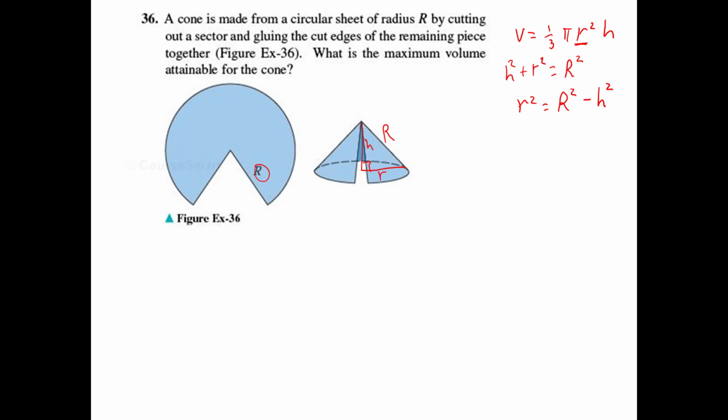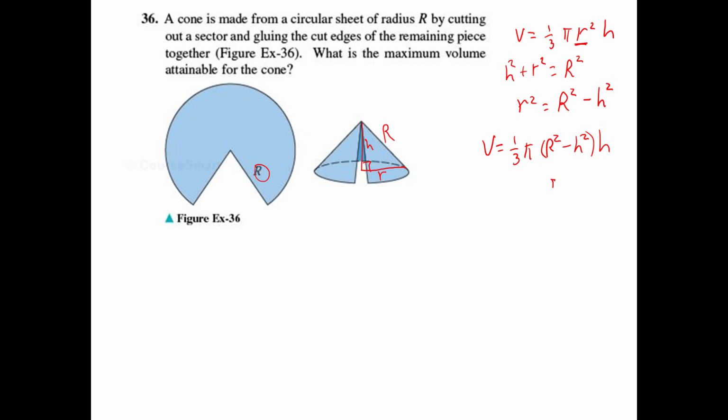And so then the volume is equal to 1/3 pi. The r squared can be replaced with R squared minus h squared, and then we have h. Okay, and so now your height is your input variable. And what kind of height can we use?